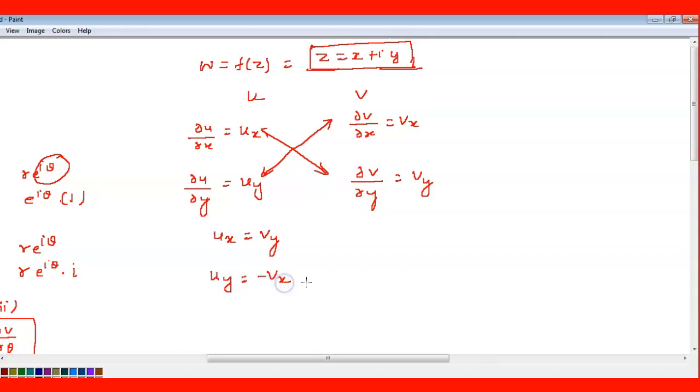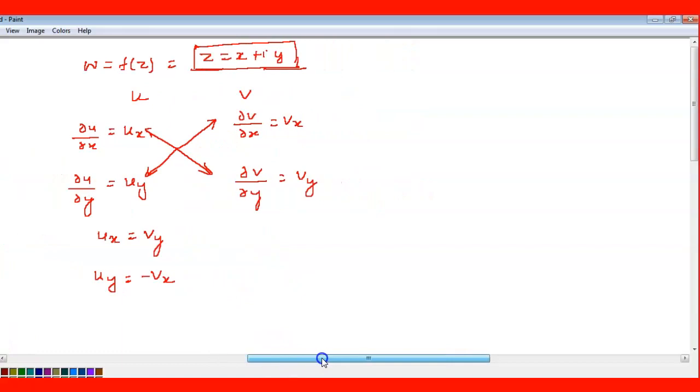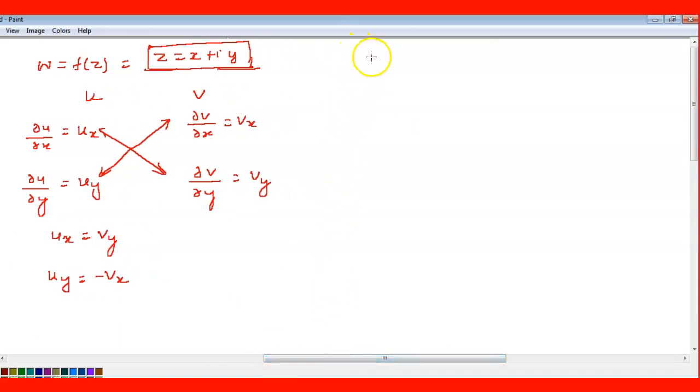and u y equals minus v x. And if you are doing the polar form, then you have to substitute z equals r into e power i theta. There also you find u and v, the real part and imaginary part. Differentiate u with respect to r and u with respect to theta.